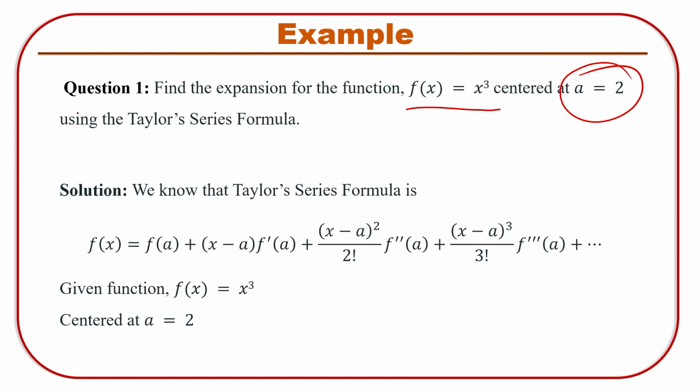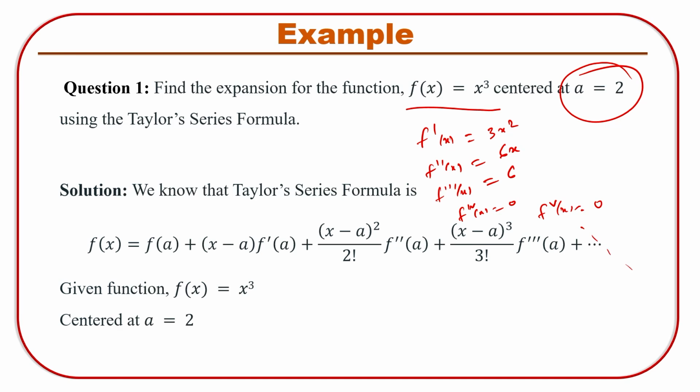So, we have to find f'(x) first, f''(x), f'''(x). So, f'(x) equal to 3x squared, this is going to be 6x, this is going to be 6, the fourth derivative of f(x) is equal to 0, the fifth derivative is equal to 0, and so on, right.